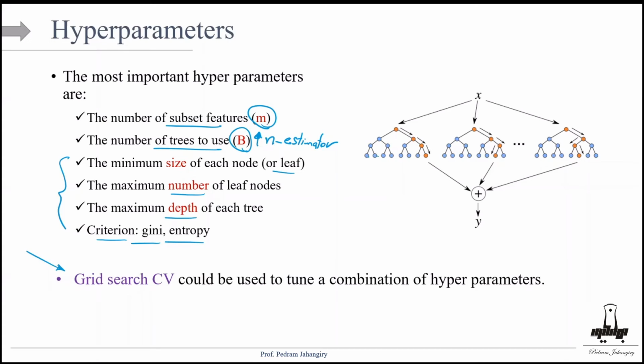But the bad news is that we can end up in a local optimum, because sometimes you do grid search cross-validation and you'll see that your model is not outperforming as you expect compared to the vanilla version of the model with the default inputs.